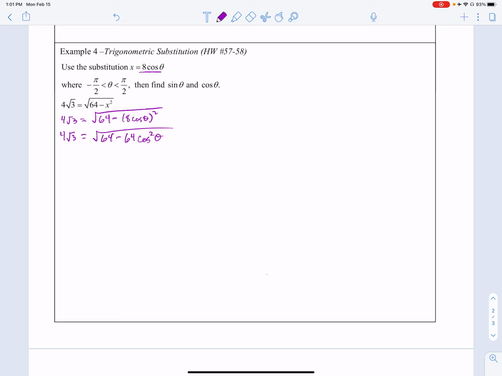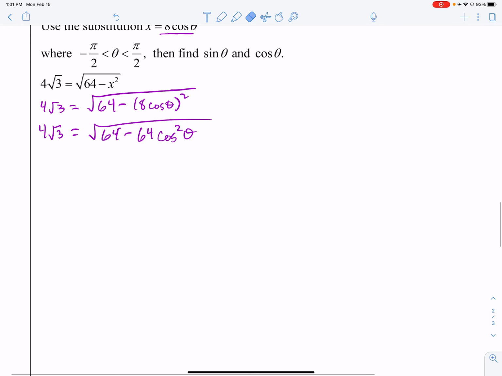With subtraction, you can't take their individual square roots and subtract. They're not equal. So remember, as you work this down, you need complete full expressions.